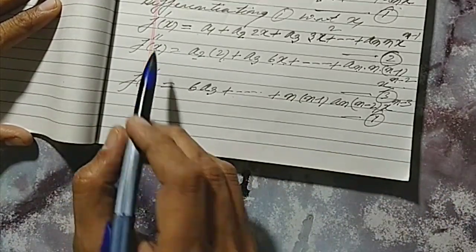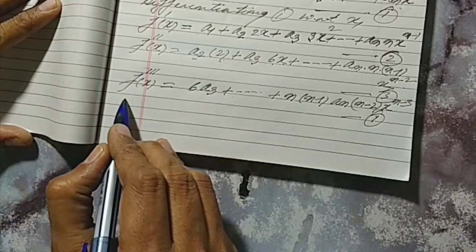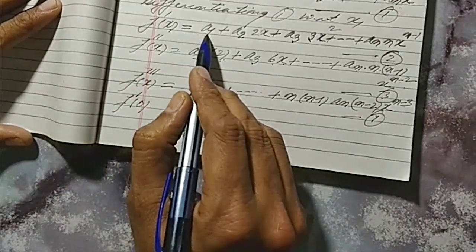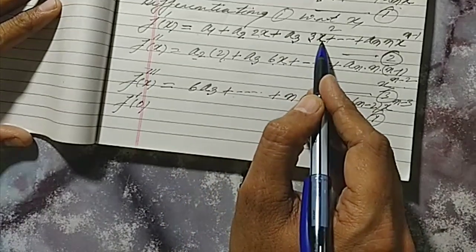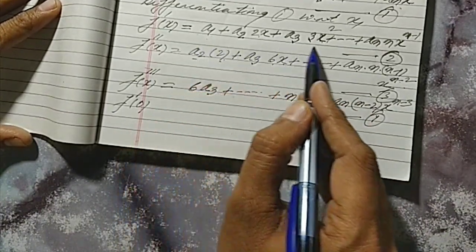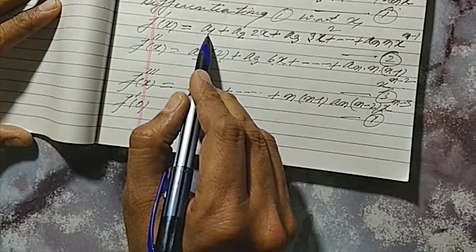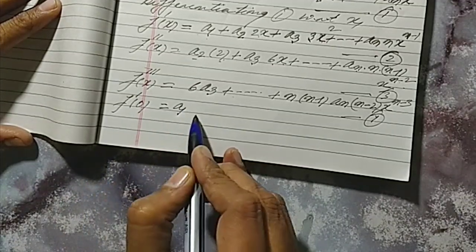Now if we substitute x equal to 0 in equation number 2, we get f'(0), and if you observe the right hand side, each and every term has x except the first term. So if we substitute x equal to 0, every term becomes 0 except the first term, so f'(0) is equal to a1.